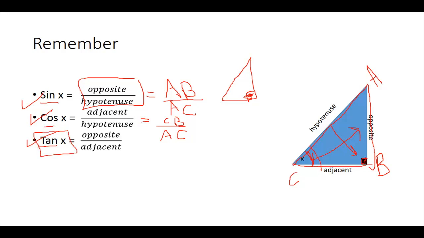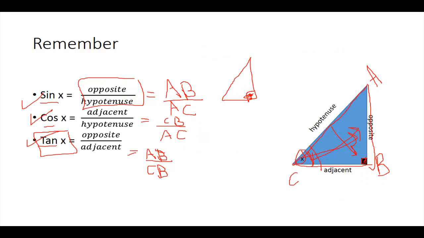Tan is the opposite over adjacent. So tan x equals AB over CB.